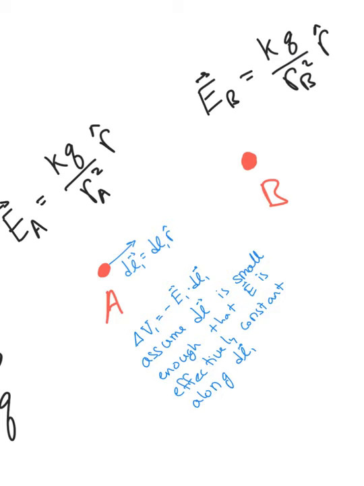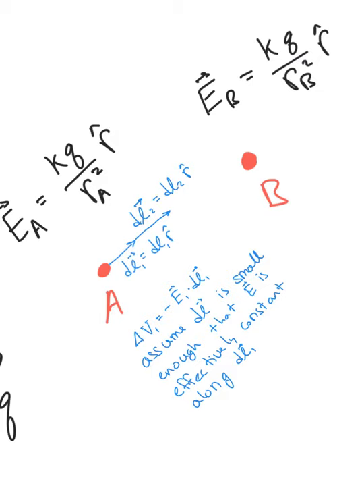But I haven't made it all the way to B, so I'd better take another step. Now I can go from the end of dl1 and take another little step. I'll call it dl2, which has some length dl2 and some direction r hat.